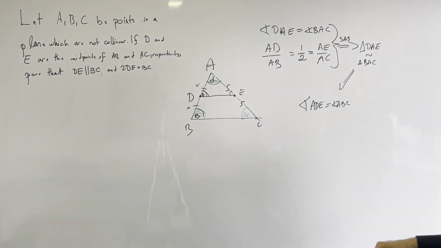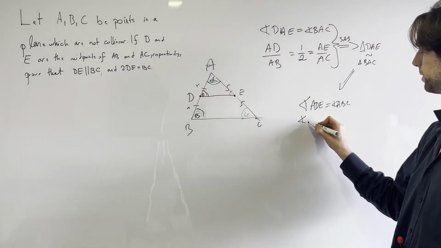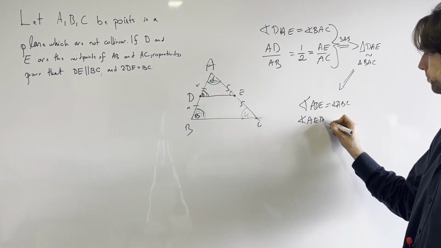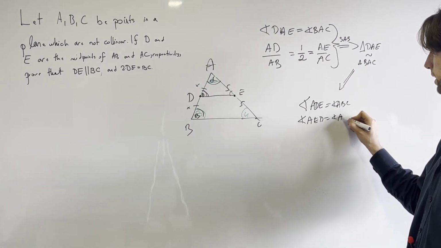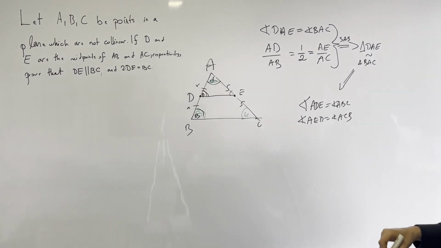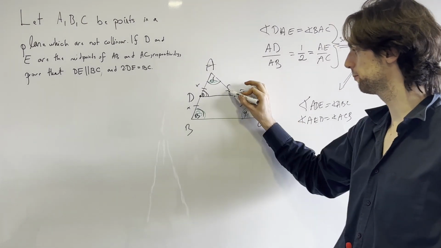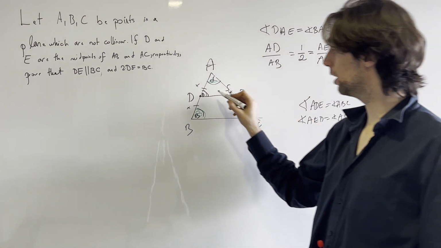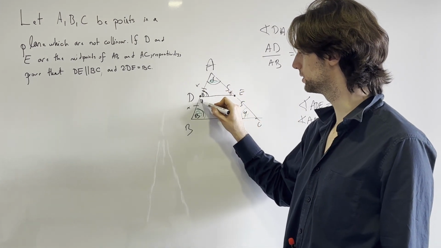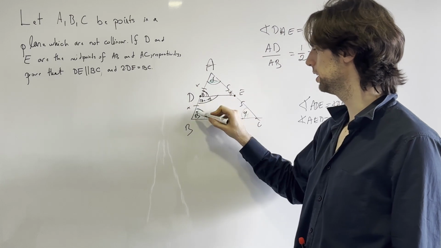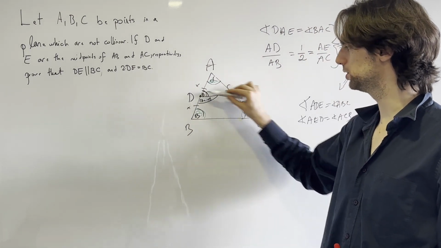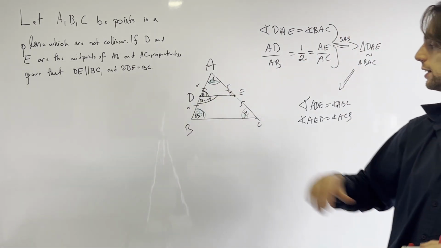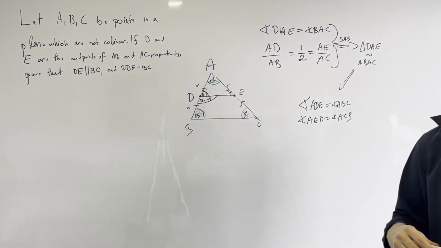We also get that the angle AED is equal to the angle ACB, which means that this one is gamma. And also, because this one's beta, this is 180 minus beta. And now, given that the sum of these two angles is 180, DE is parallel to BC.